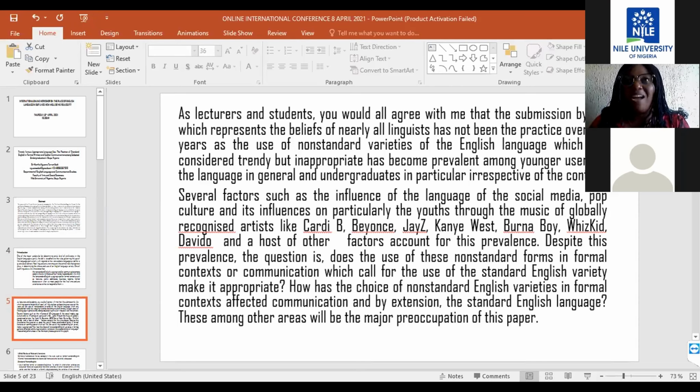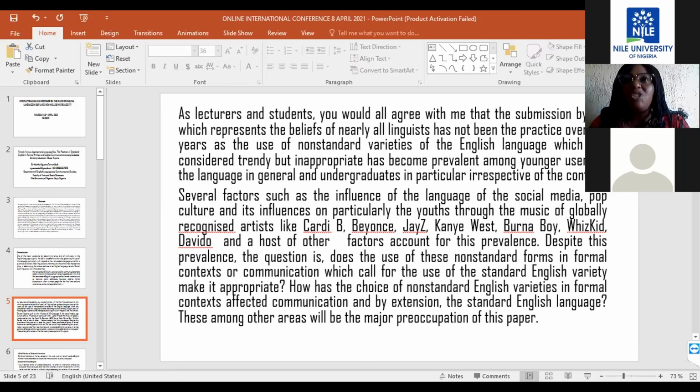Right now, because of the environment that we find ourselves in, where there are no borders anymore, you can be, for instance, here in Abuja, Nigeria, and know everything that is happening in any other part of the world.